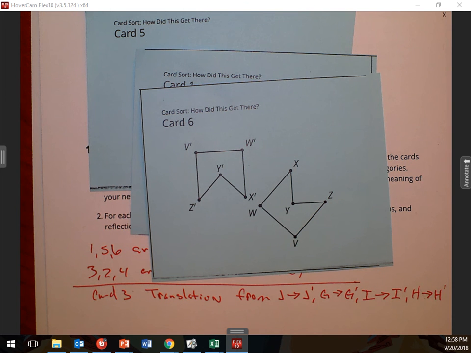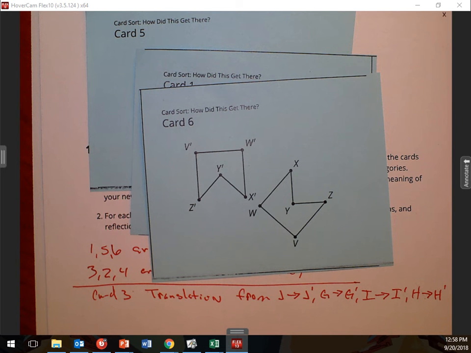If you flip J, where would it be? Is that where it ends up? Where is J supposed to be? Right here, so how do I get here? It's not a flip. It's a slide right there.